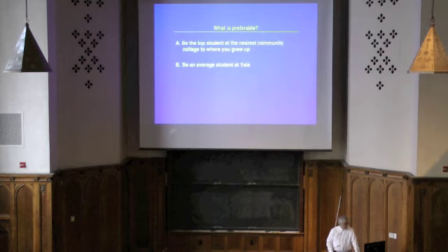How about this? You could be the top student at the nearest community college where you grow up, or you can be an average student at Yale. So, all of you face this dilemma.